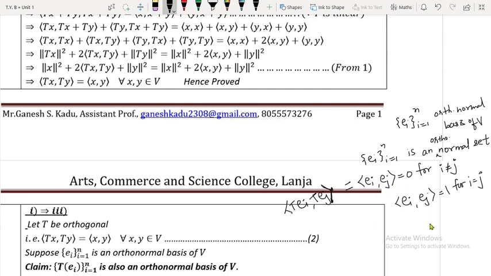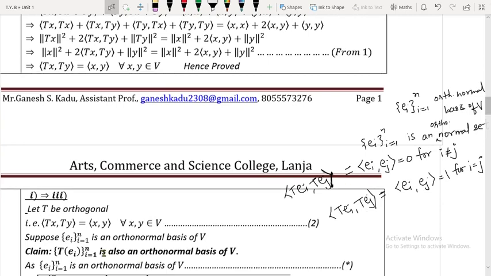So indirectly what we have shown is that the inner product of T of ei with T of ej is equal to 0 for i not equal to j, and equal to 1 for i equal to j. Therefore we can say that this set T of ei, i varying from 1 to n, is an orthonormal set.